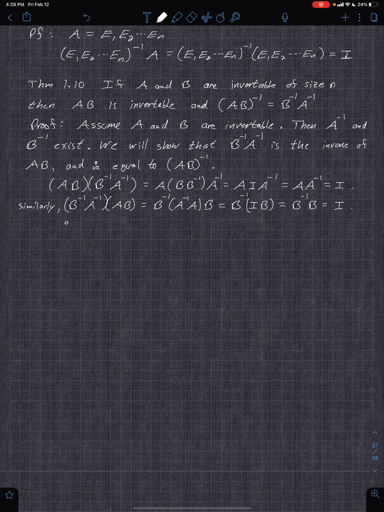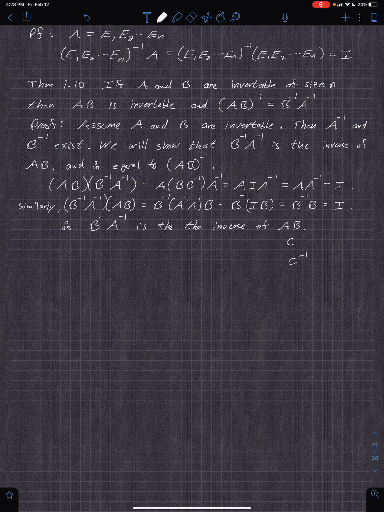So therefore, B inverse A inverse is the inverse of AB. But we just proved earlier that inverses are unique. So whatever that product is, let's call it C. Well, the inverse of it must be just that, or AB inverse.